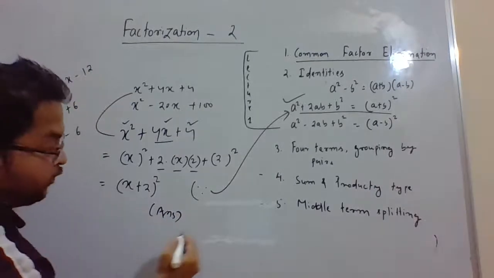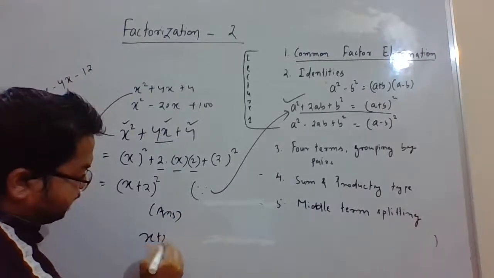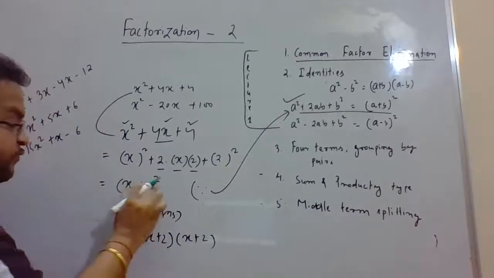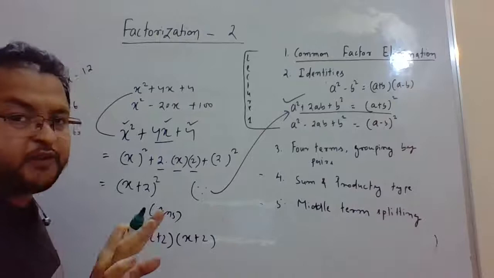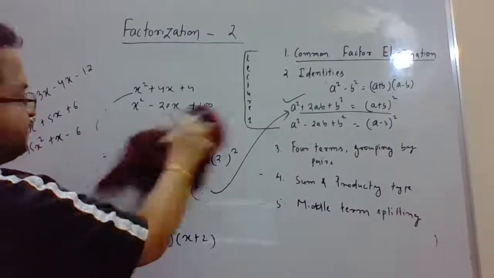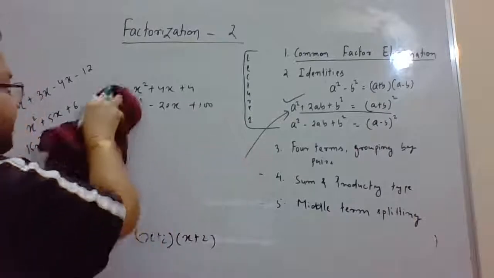If you want, you can also write x plus 2 into x plus 2, which is even better. But if you stop here also, this is perfectly fine. Okay. Now let's go to the next one in our identity series.